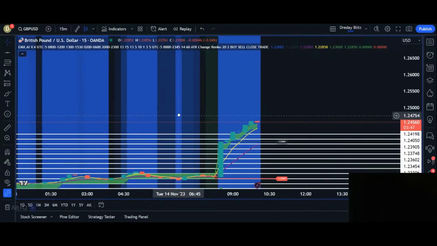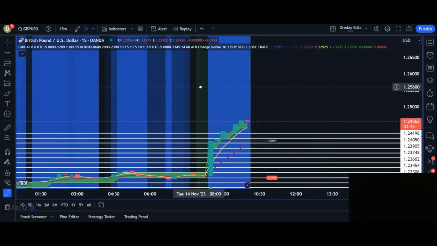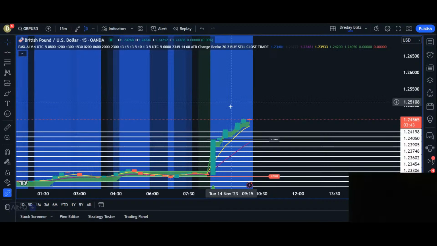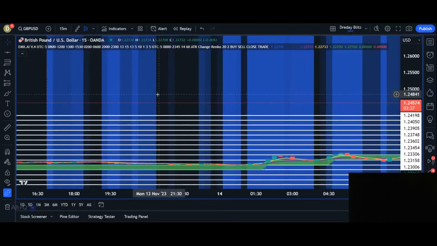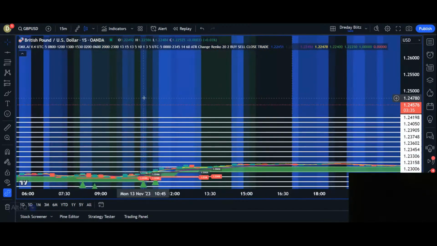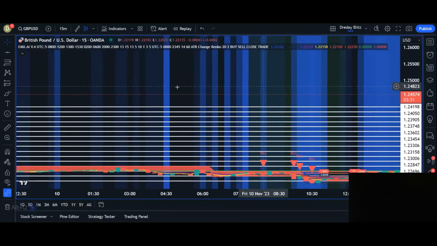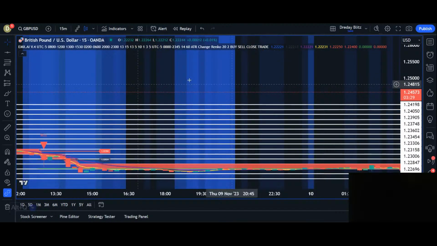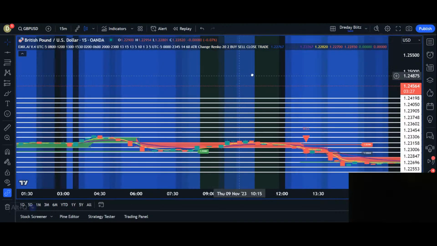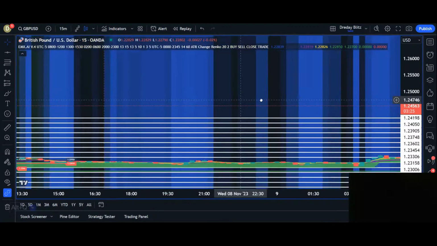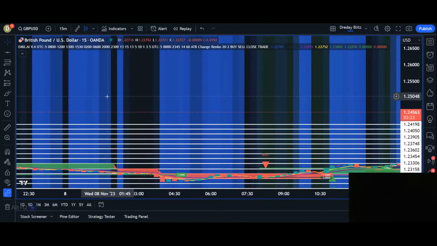But as you can see, the next time the Renko will be created, we're going to plot our lines, and so on and so forth. But you're still able to go in the past, so all of the lines that we put in are still valid. Basically, the price crushed all of them.